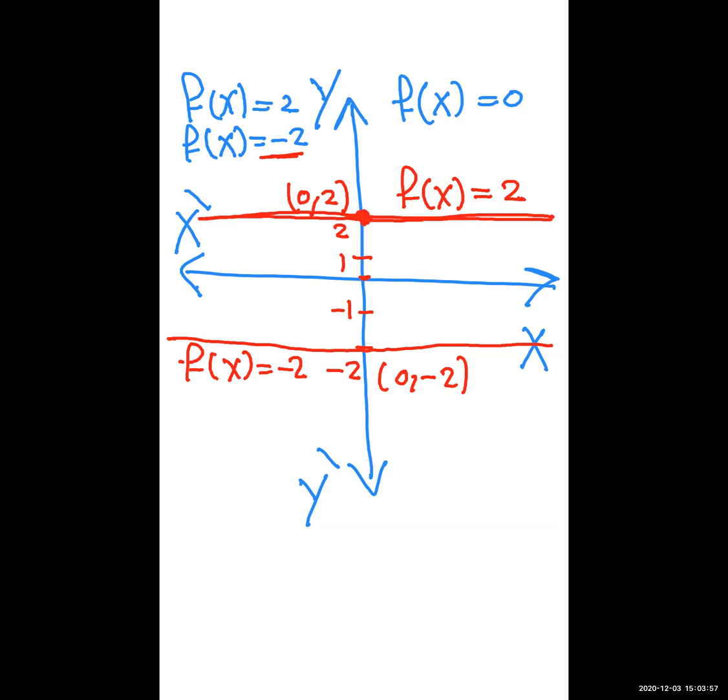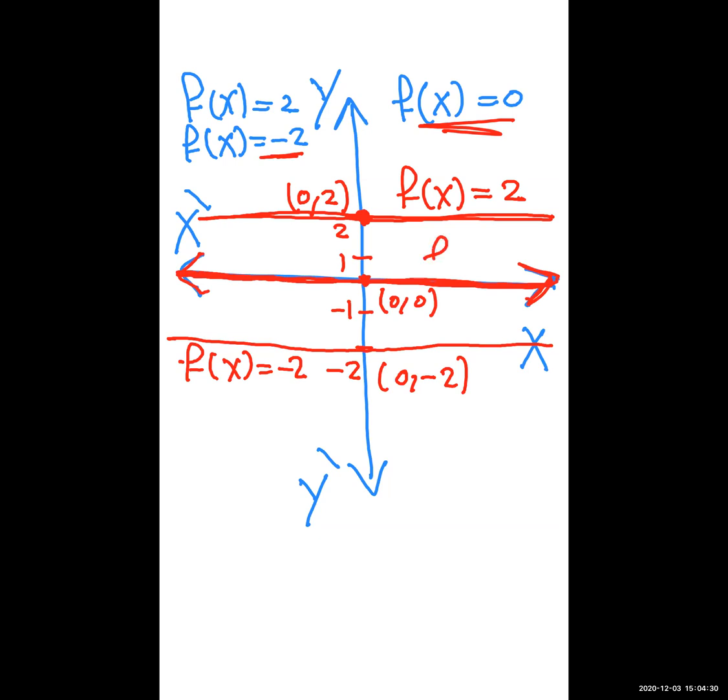Yes. Okay, now the last case, if it's f of x equals 0. In this case, the straight line is coincident with the x-axis and passes through the point 0 and 0. Coincident means متطابق in Arabic, on the x-axis.